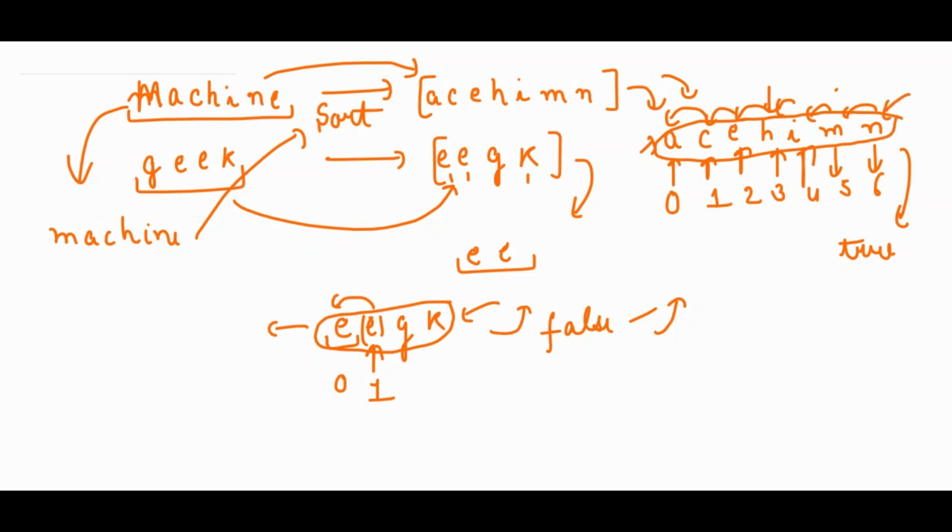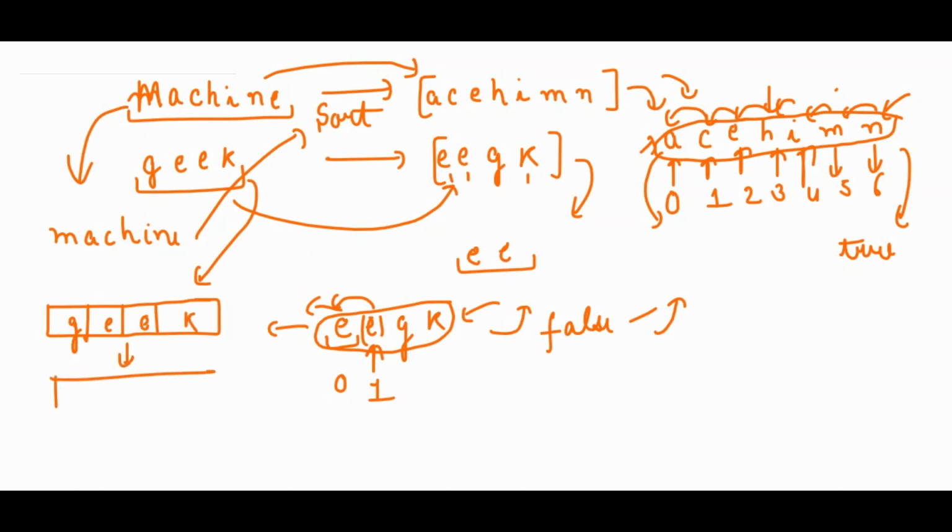Okay. And also, to sort any string, what we have to do is we have to first put all the elements of the given string into an array. So first step will be I will put all the elements of this string, let's say G, E, E, K, in an array, then I will sort it.